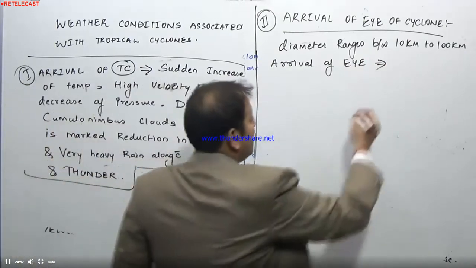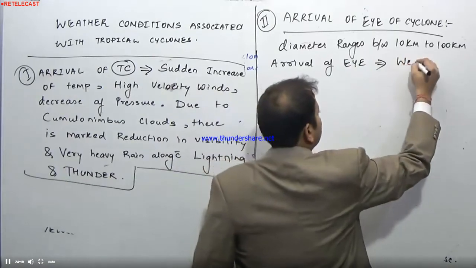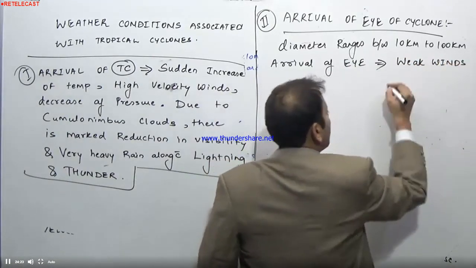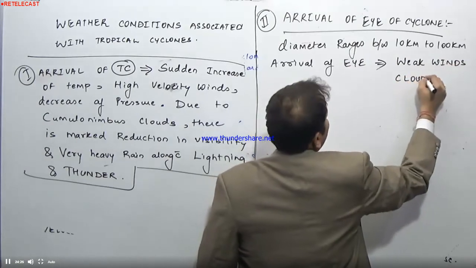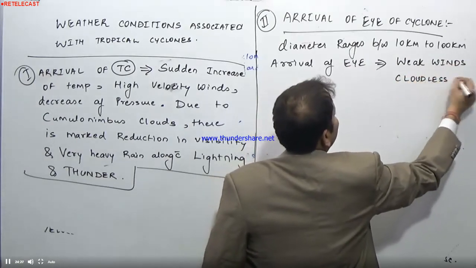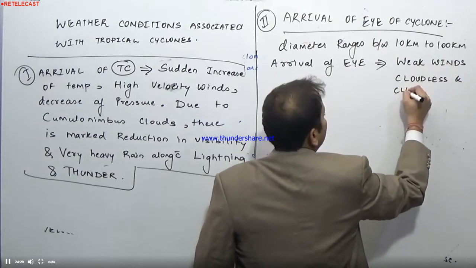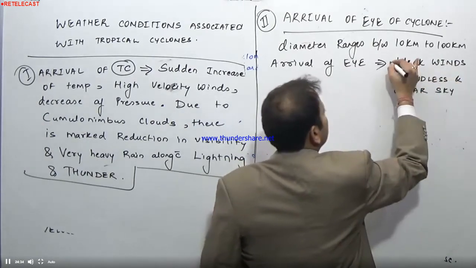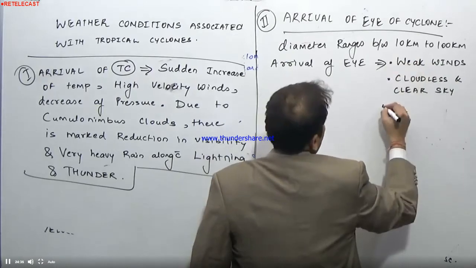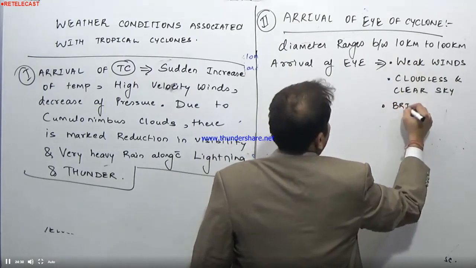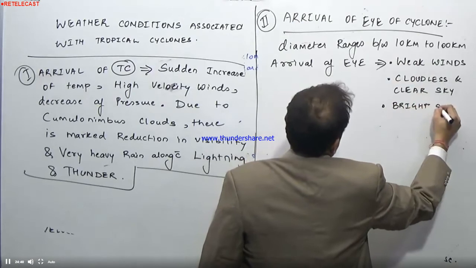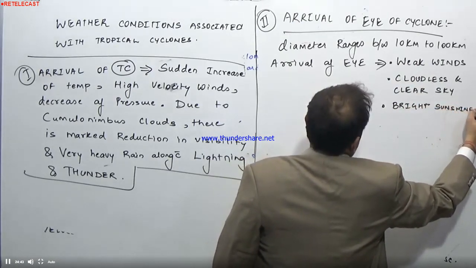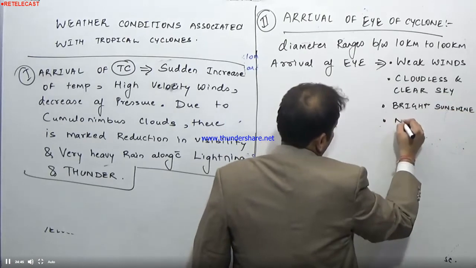It's characterized by weak winds, cloudless and clear sky, bright sunshine, and no rainfall.